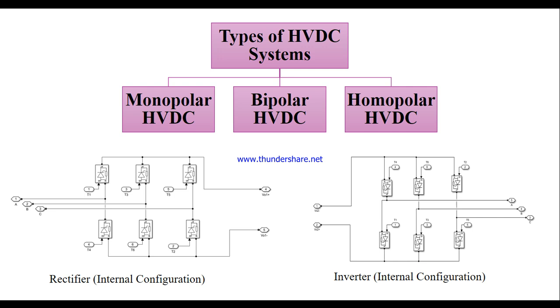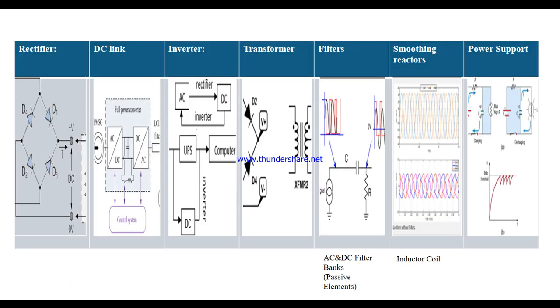We can see here the rectifier internal configuration and the inverter internal configuration. We can see rectifier, DC link, inverter, transformer, filter, smoothing reactors and power support. Our designed system consists of essential HVDC components.